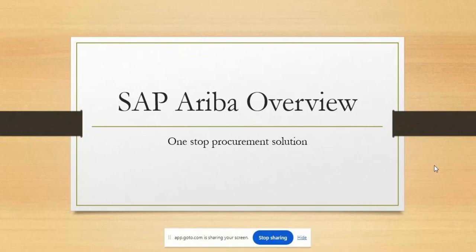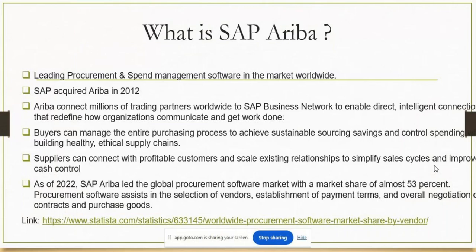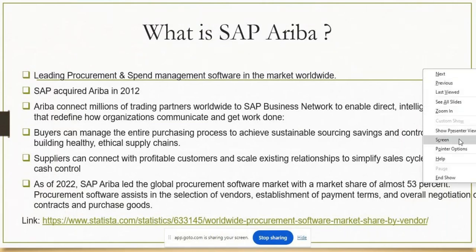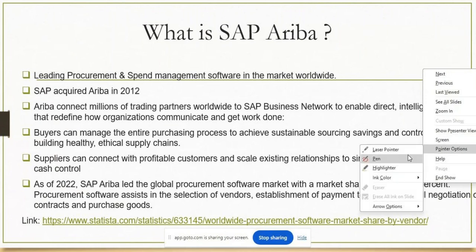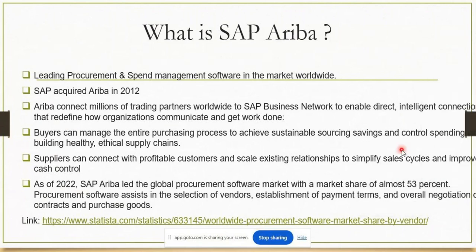So, beginning with what Ariba is and where it got its popularity: Ariba was basically a standalone system, a US-based product, where you had the Ariba Network, and on the Ariba Network you had both buyers as well as suppliers.